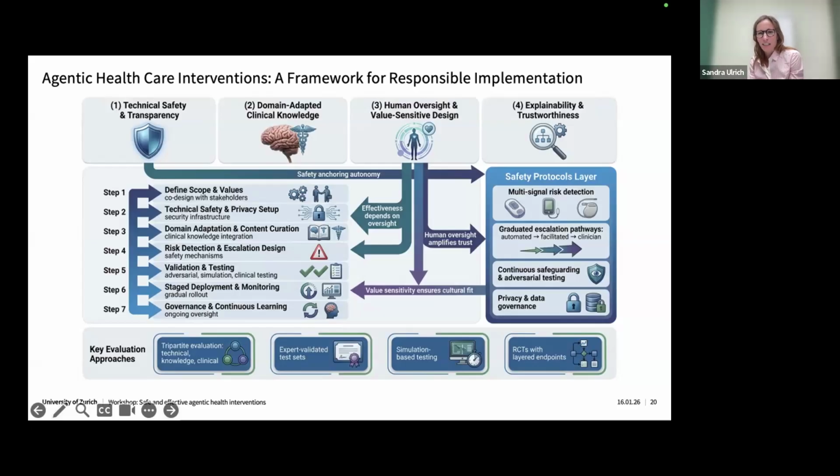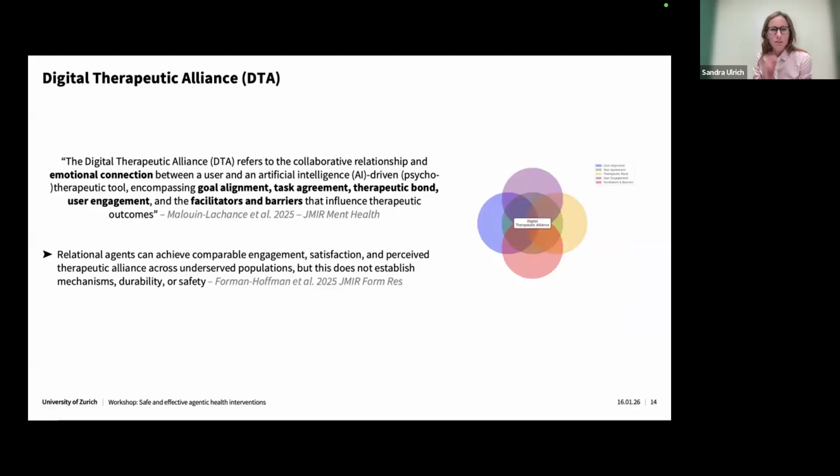Many thanks for this very interesting presentation. I was just wondering about the Digital Therapeutic Alliance, and also the fact about sycophancy, or the model supporting and not being critical. If you go back, that seems to me almost the biggest problem with the models now in supporting people at risk.